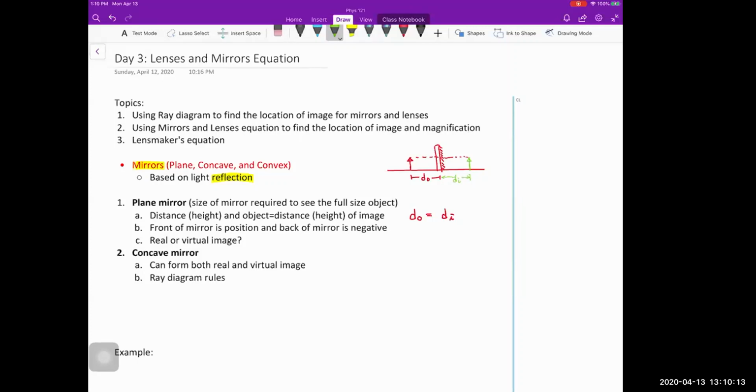Now, the sign is this way. We define this side as positive, the side toward the object is positive, and this side is going to be negative.